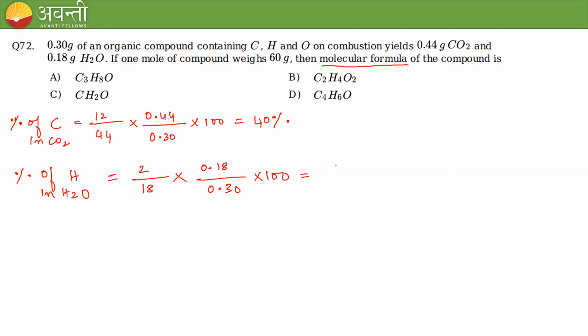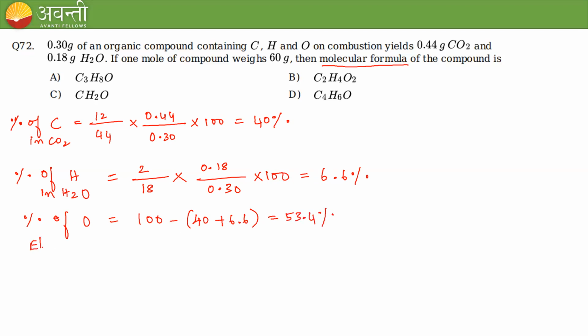This is how we have to find out the percentage of an element, and it is found out to be 6.6. Now coming to the percentage of oxygen, it is 100 minus the percentages of carbon and hydrogen, right? So it is 100 minus 40 plus 6.6. It will be equal to 53.4. So these are the percentages.